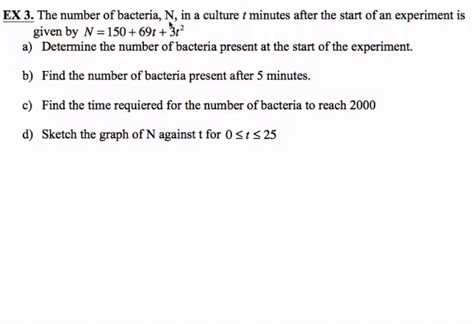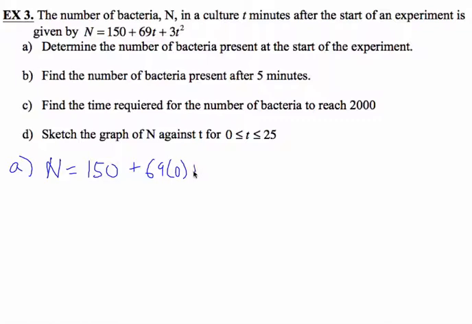The number of bacteria N in a culture T minutes after the start of an experiment is given by this equation. Determine the number of bacteria present at the start of the experiment. So at the start of the experiment, that's T equals 0. So we're just substituting in 0.